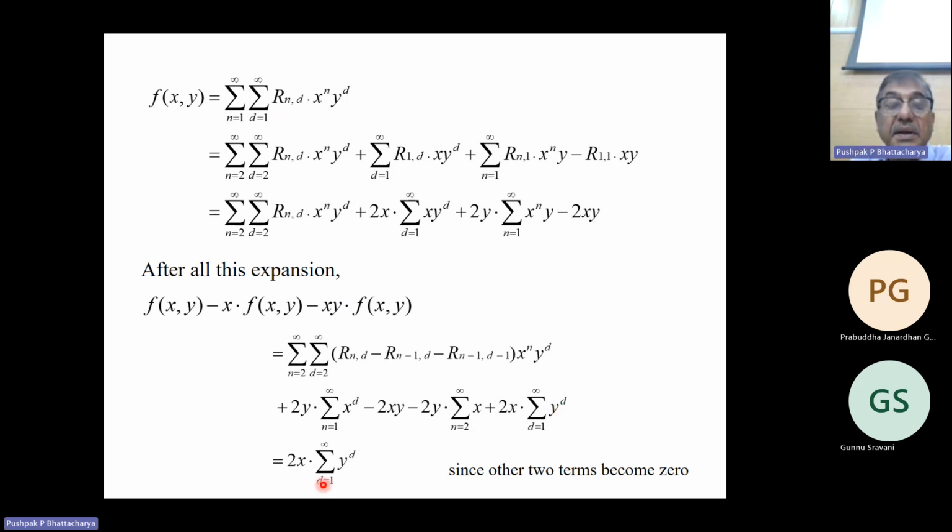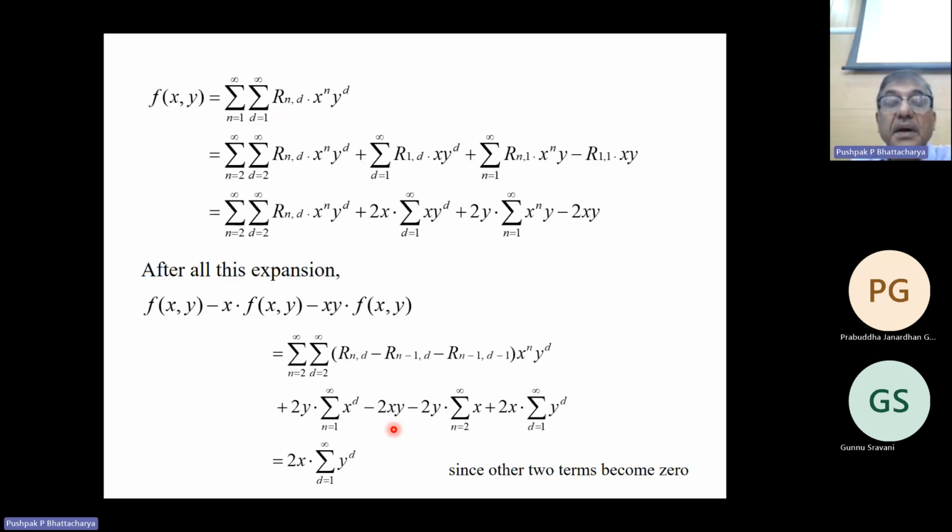And that is equal to 2x into the sum over d equal to 1 to infinity y^d through cancellations. Okay, through cancellations, since the other two terms become 0.